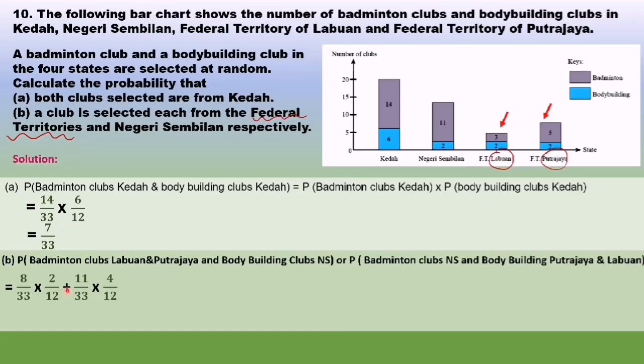Or, so we put plus badminton club Negeri Sembilan 11 over 33 times probability bodybuilding Putrajaya and Labuan. So here 2 plus 2 over the total 12 equals 5 over 33.